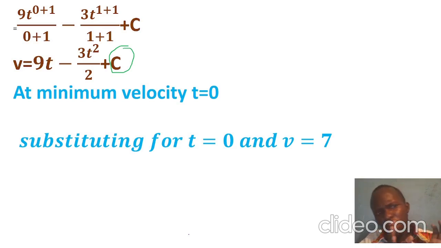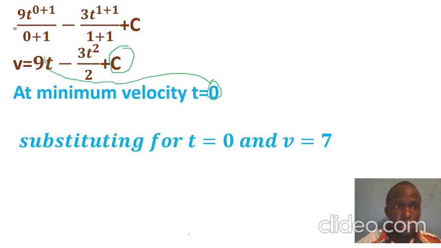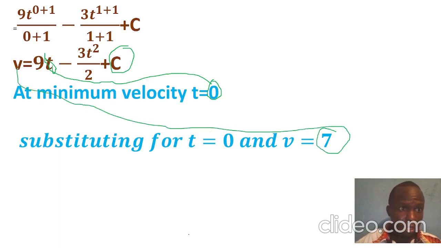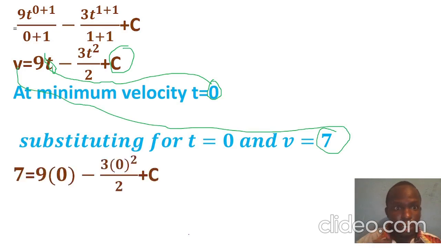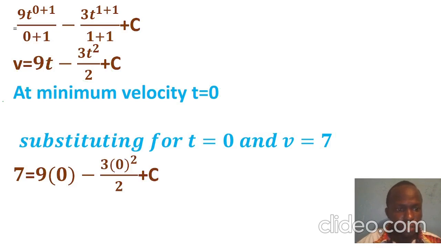Doing the substitution of those values, where we have t we substitute 0, and where we have v we substitute 7. After doing the substitution, the value of c is 7.